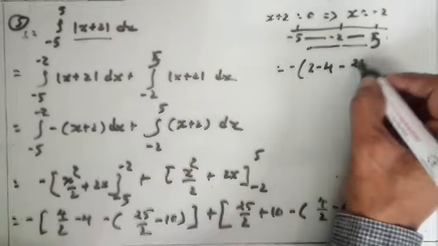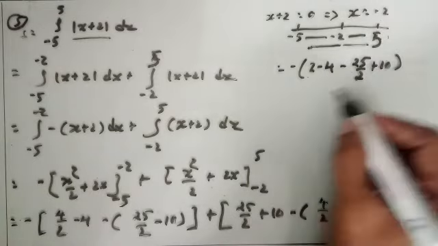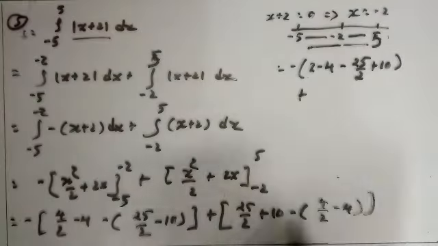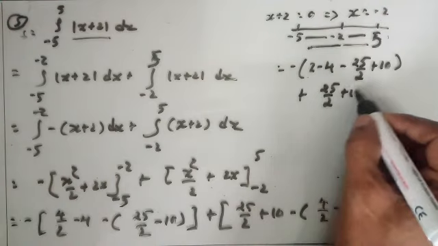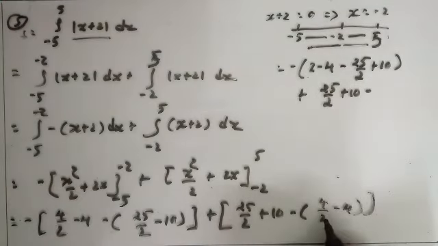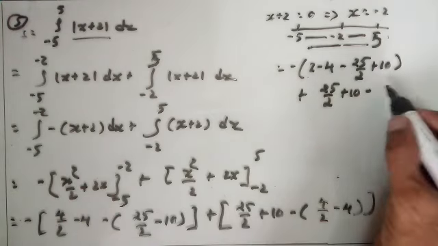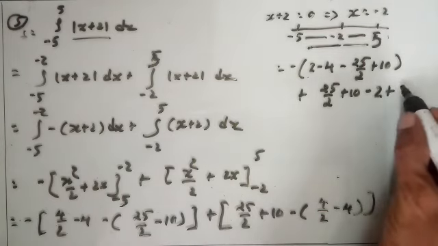Here minus 25 upon 2 plus 10, plus here 25 upon 2 plus 10 minus here 4 upon 2 becomes 2 minus 4. Take the minus inside. So here we get minus 2 plus 4.